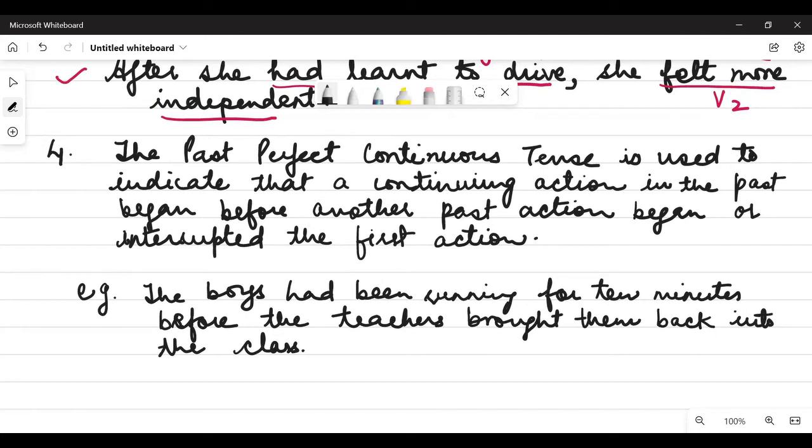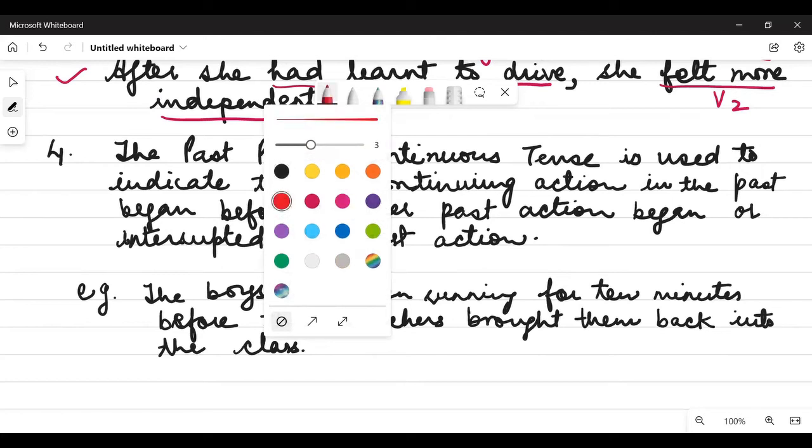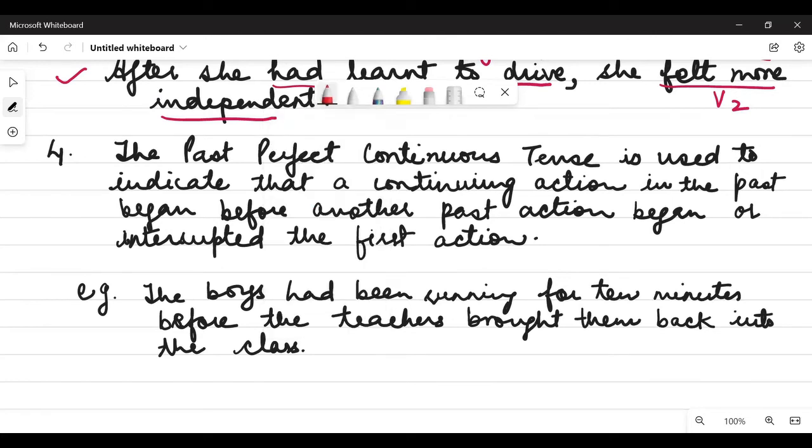But the first action here, they had been running around. So it is an ongoing action. They had been running around for a few minutes. So it is an ongoing action, a continuing action. The duration is also given. I told you in perfect continuous, you will always find some duration, the action is happening over a period of time, right?